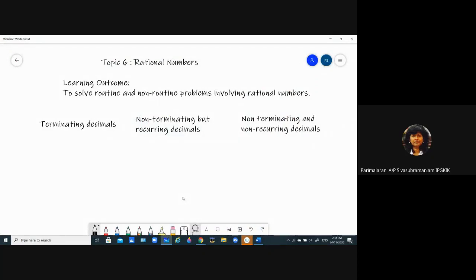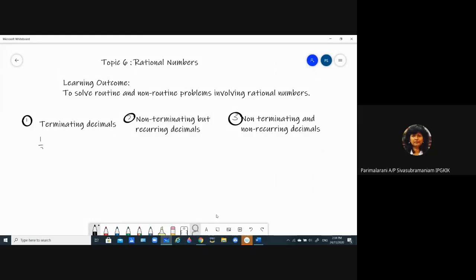There are three types of decimal numbers: terminating decimals, non-terminating but recurring decimals, and non-terminating and non-recurring decimals. Let's look at the first one first, terminating decimals.